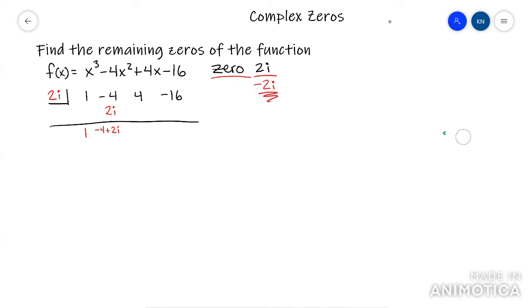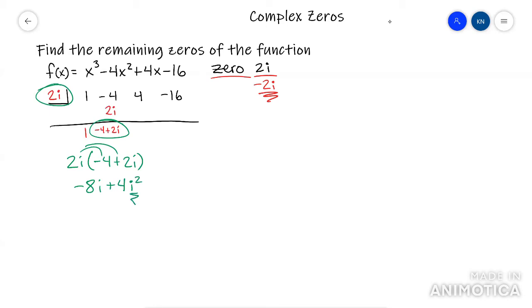So the reason this is important is I'm going to have to multiply this times 2i. So it's going to look like this: 2i times negative 4 plus 2i. And you're going to have to distribute. And so when you distribute to the second one, you have 2 times 2 is positive 4, so it's like plus 4. And then i makes i squared.